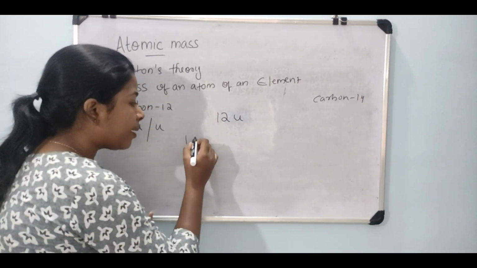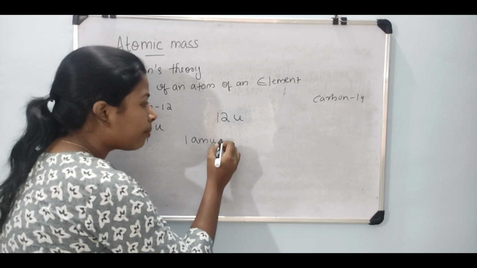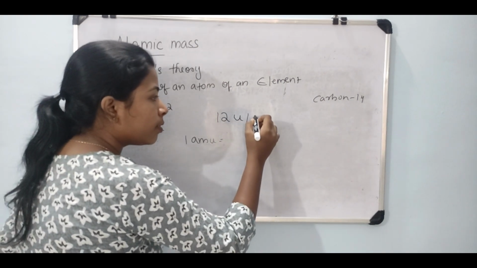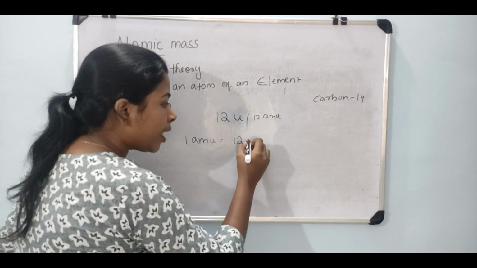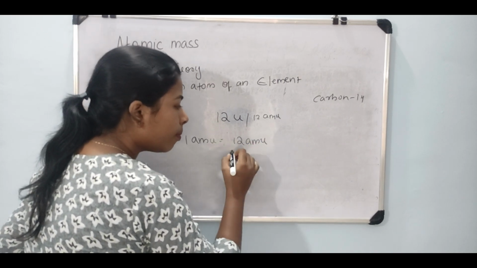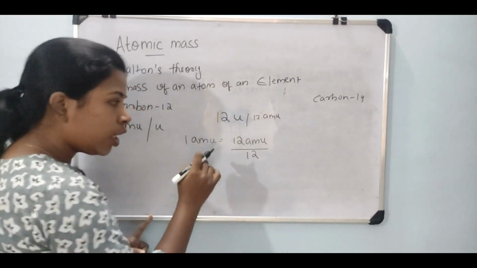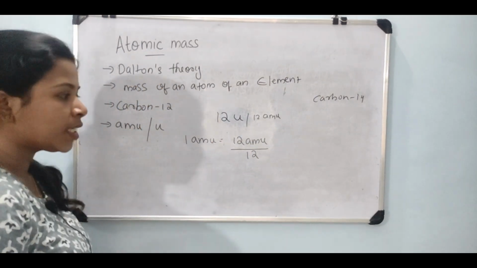So what is 1 AMU? You have to divide 12 AMU by 12. Then only you will get 1 AMU. What is the meaning of this?